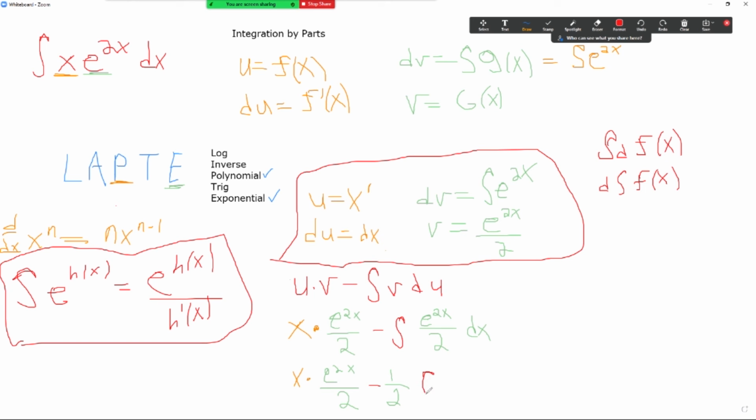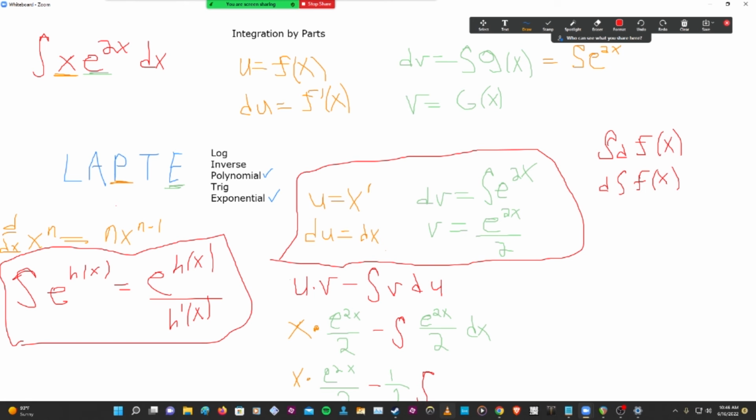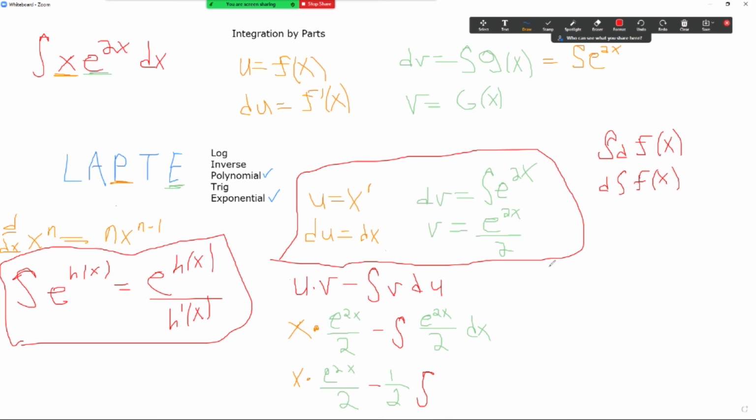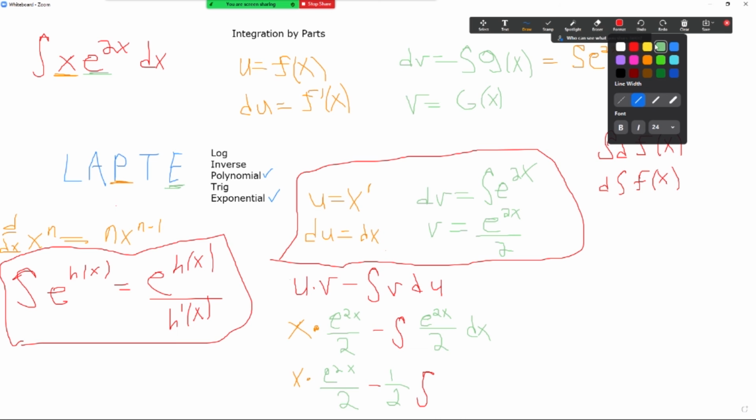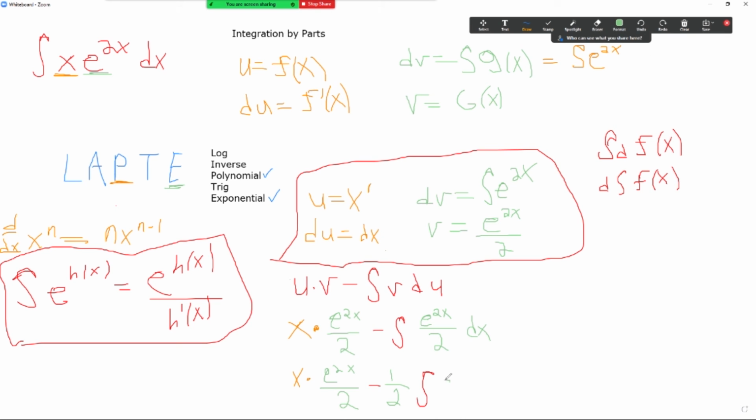So we get the integral. Just notice this minus 1/2 is multiplying the integral here. Just don't forget that constant has to multiply later on. And notice this is just e to the 2x dx, right?